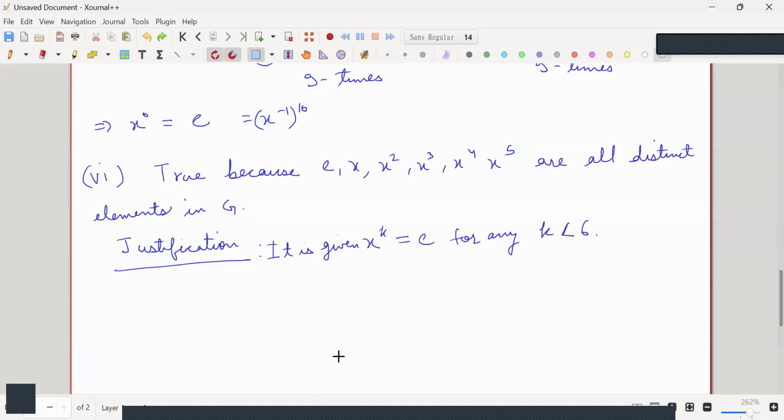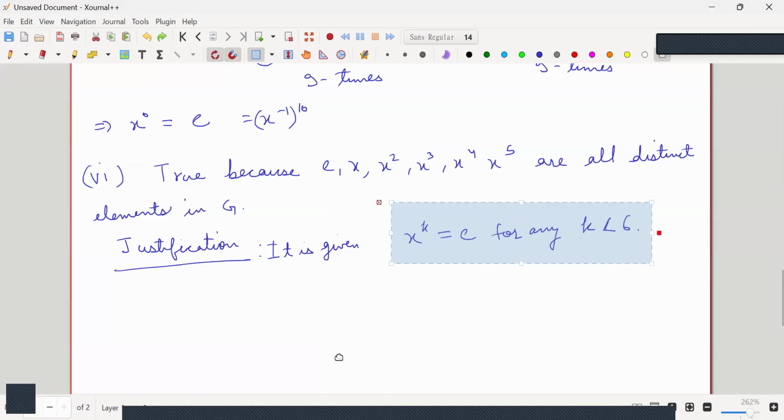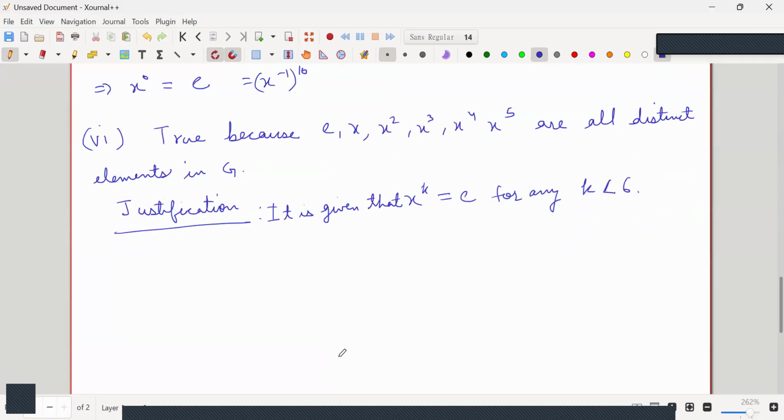So identity cannot be equal to the other 5 elements.